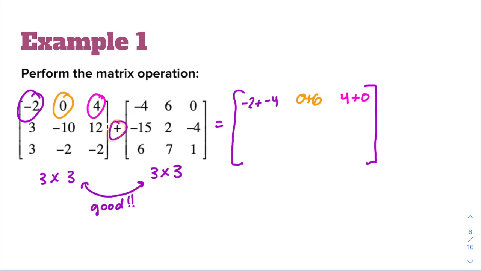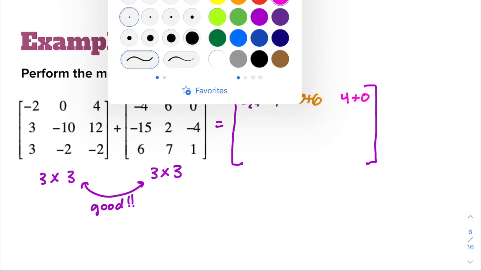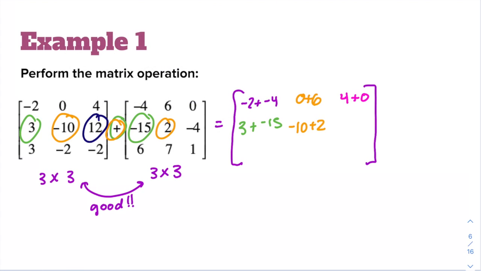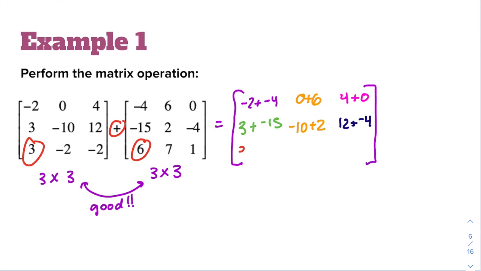And then we can go through and do this for the second row. So I'm going to have 3 plus -15, -10 plus 2, -12 plus -4, and then hopefully you're getting the hang of it, 3 plus 6, -2 plus 7.